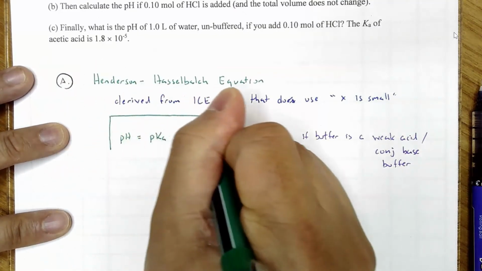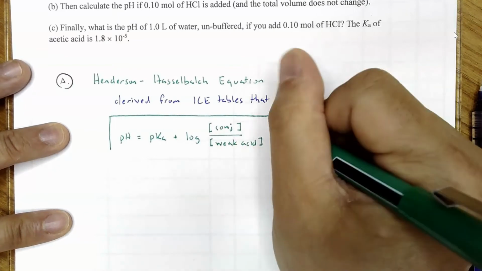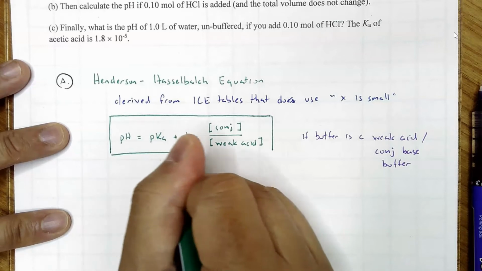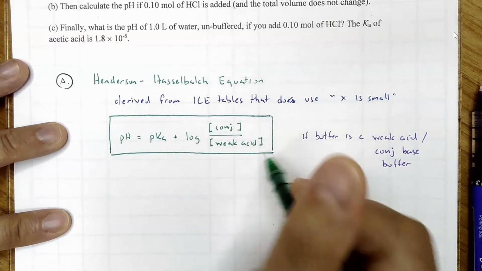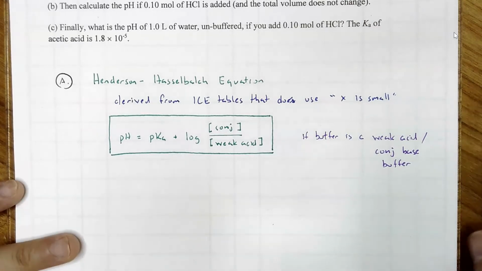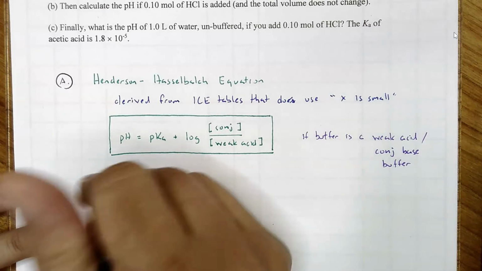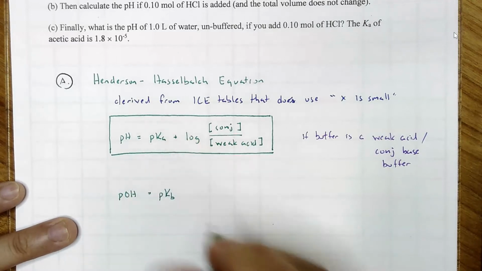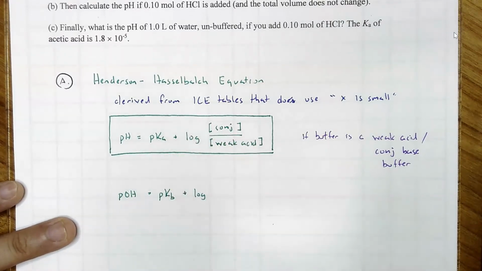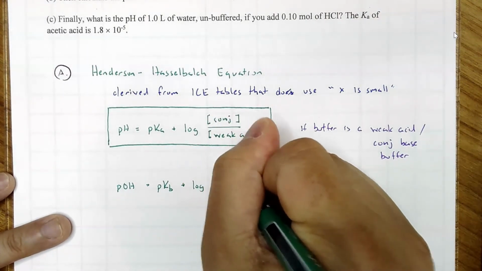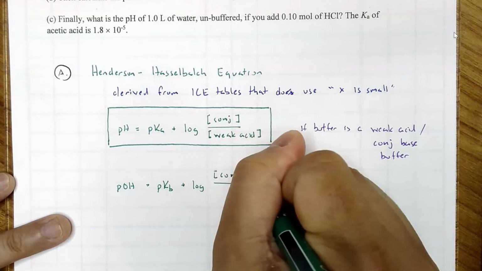Now, what changes if we're using a buffer made from a weak base and its conjugate acid? For instance, ammonia and an ammonium buffer, we would not be using this Henderson-Hasselbalch form. We would be using pOH equals pKb plus the log. Okay, it's still conjugate on top, but now on the bottom we have the weak base.